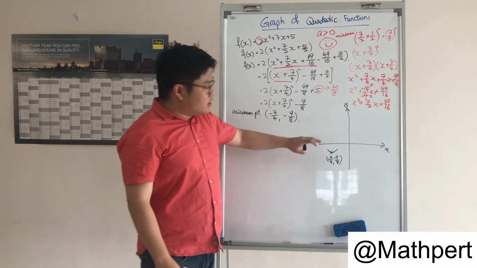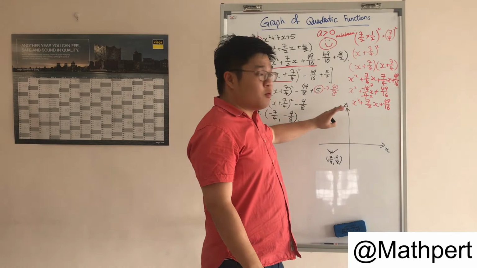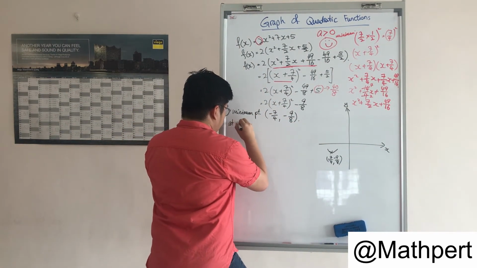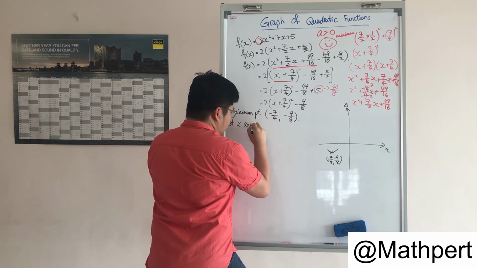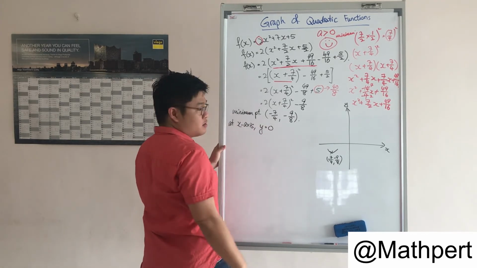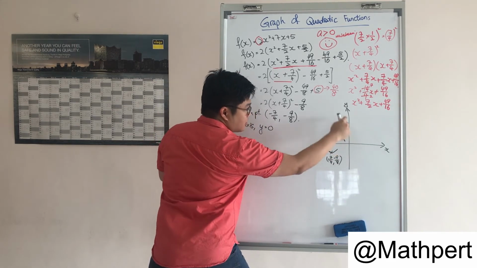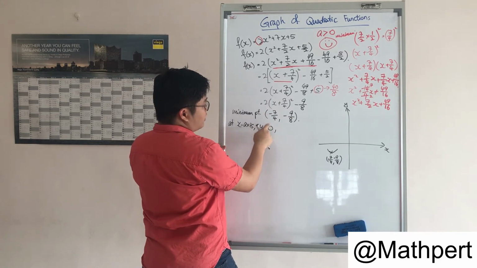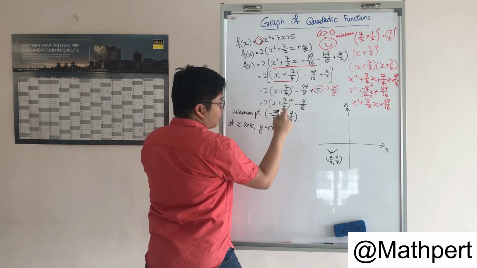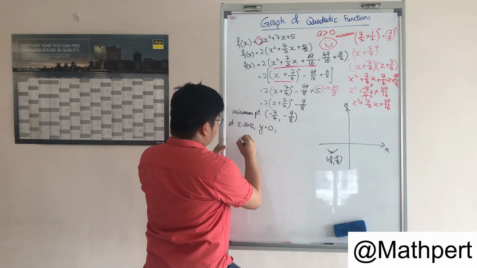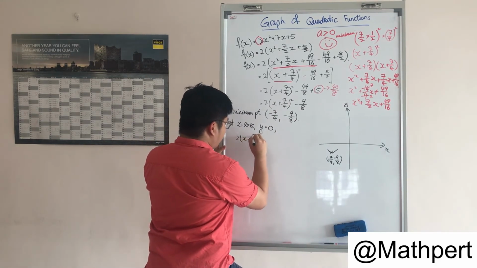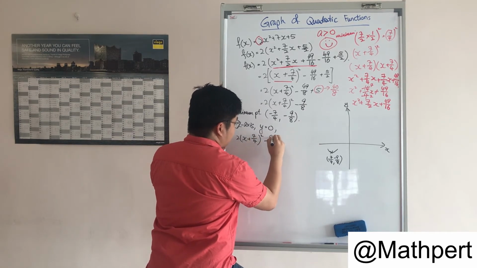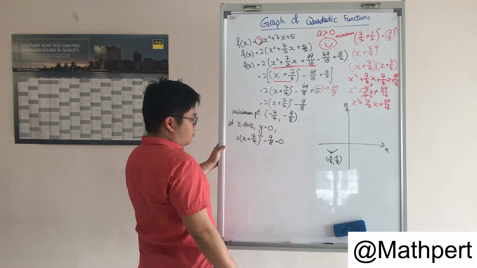Then let's look for the intersection points at the x-axis and y-axis. At the x-axis, y equals 0. So we substitute y equals 0 into this completing square format: 2 multiply x plus 7 over 4 squared minus 9 over 8 equals 0.